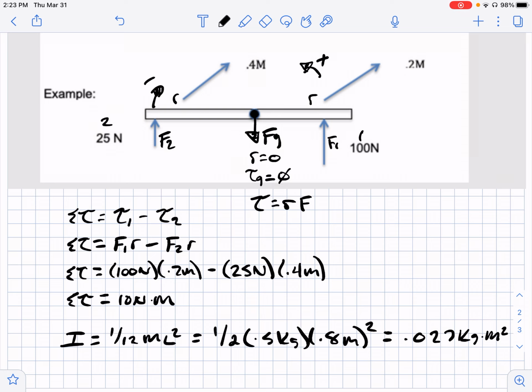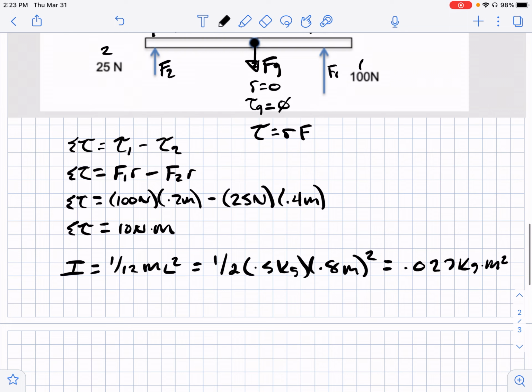So now we know the net torque and we know the rotational inertia, so we can solve for that angular acceleration. So my angular acceleration is equal to my net torque divided by that rotational inertia. So we can plug in our values.